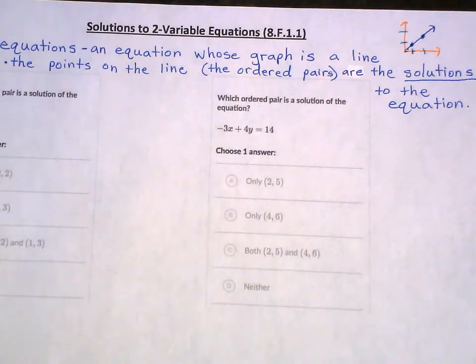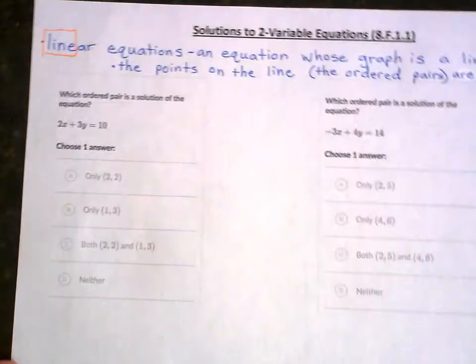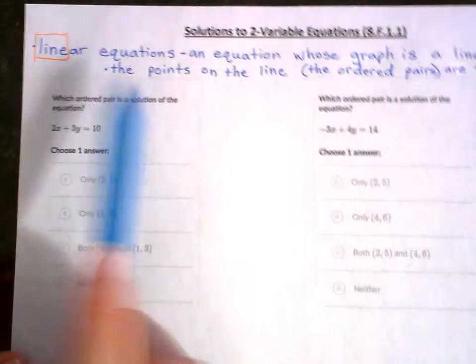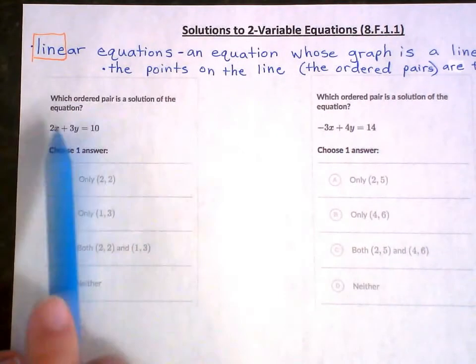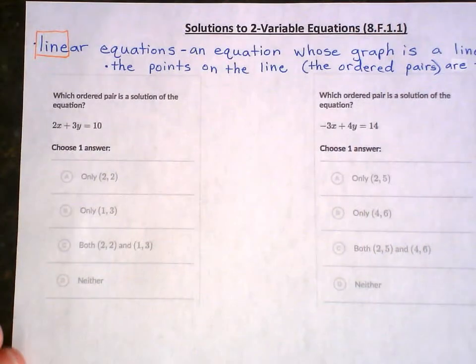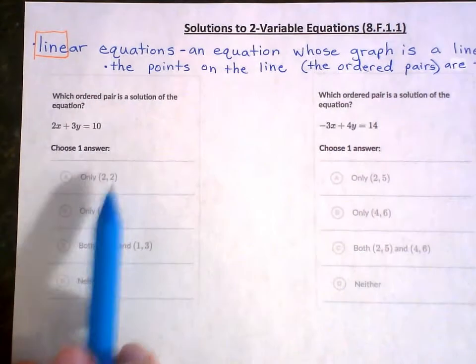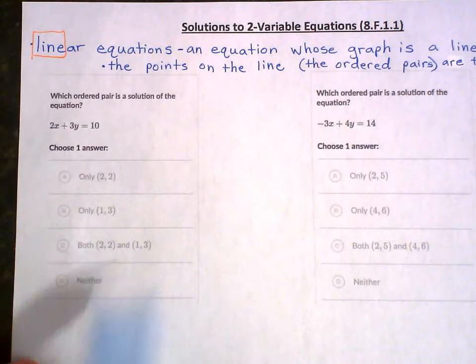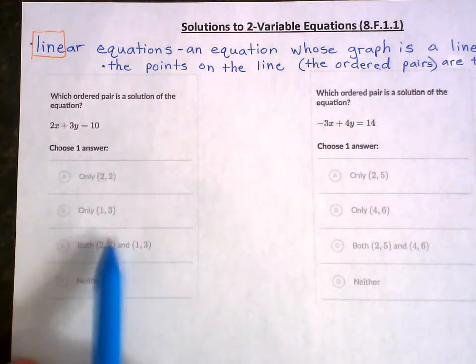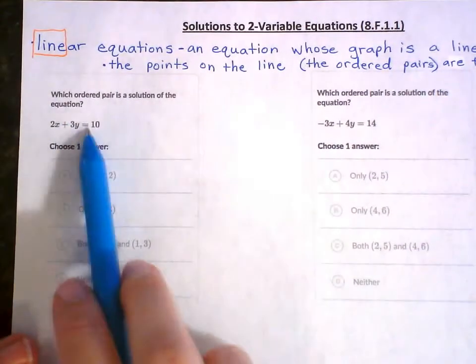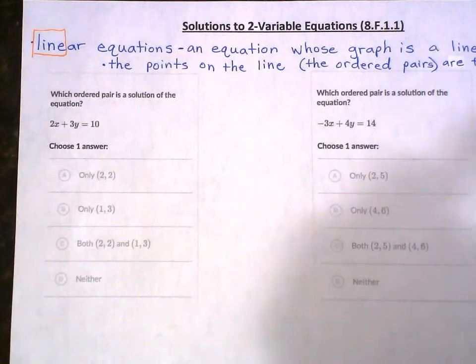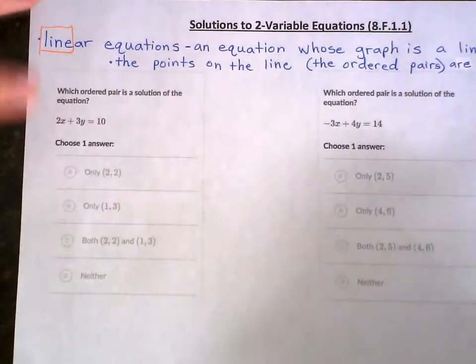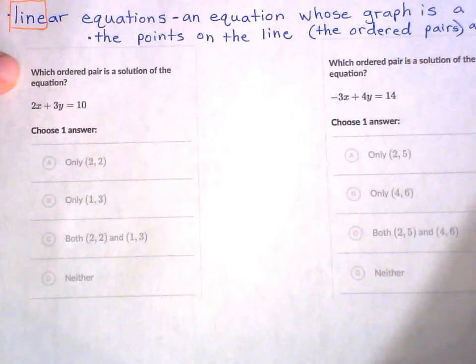So what do I mean by solution to the equation? Well, that's what these problems are that we're solving for this exercise. Which ordered pair is a solution of the equation? When we plug in these ordered pairs, one, both of them, or neither of them will be correct. Let's just do the first one and then we'll explain it a little bit more.